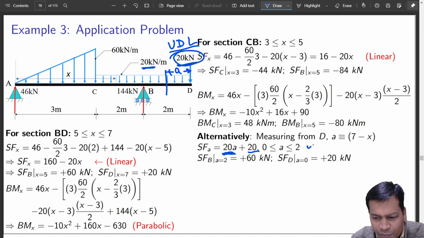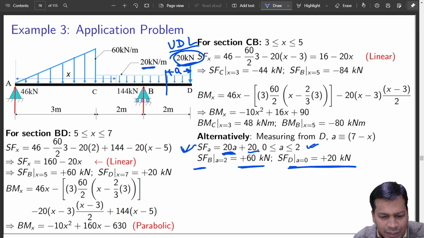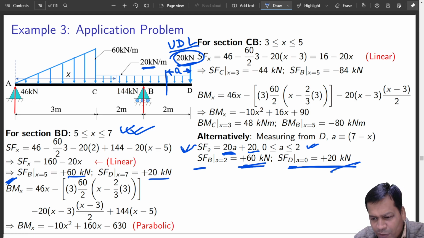So total shear force is this, shear force at B comes out to be 60, shear force at D comes out to be 20 kilonewton, even using this equation, okay. So exactly the same as we could do using this section, okay. So you see it is 60 and 20 using the alternative approach also.